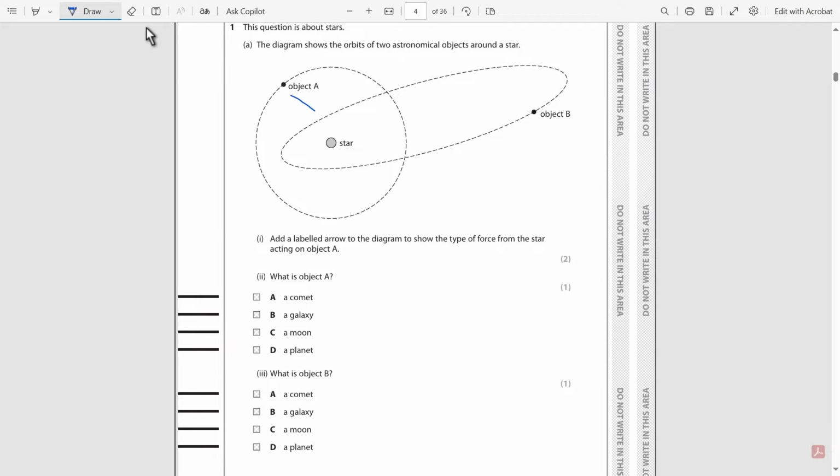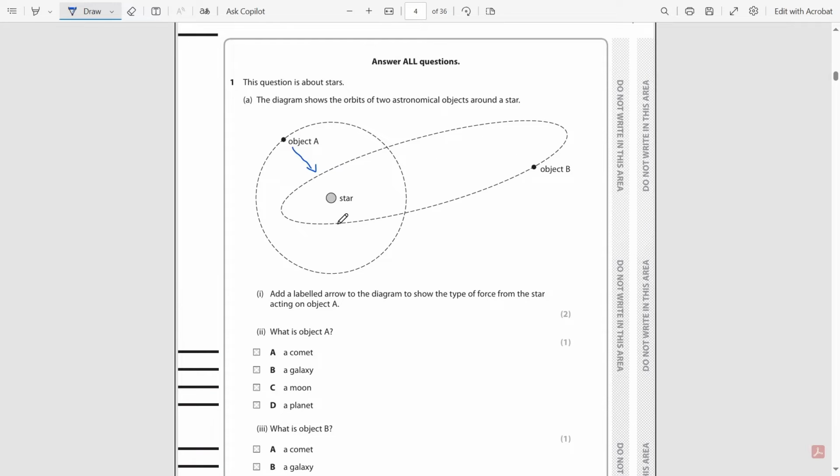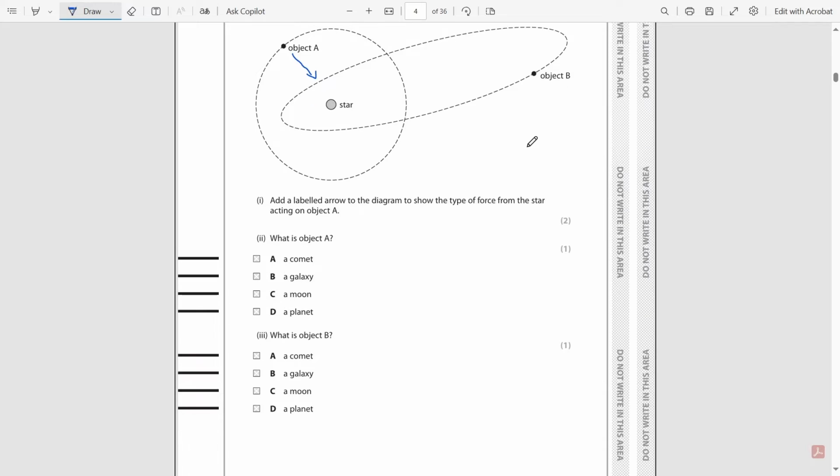That gravity is going to pull any other object that has a mass towards it. So my object A is going to be attracted to my star. That's the force acting on object A from the star. It should be pointing towards the star.